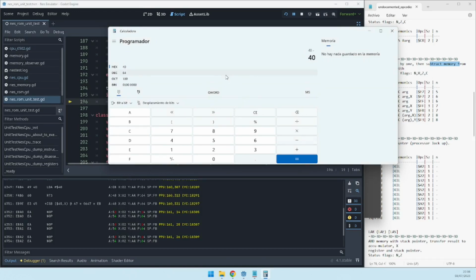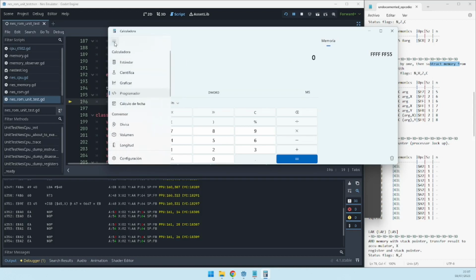Hex 40 minus EB, and it is 55. I wish I could change this to be 8 bits. Can I change that somehow?